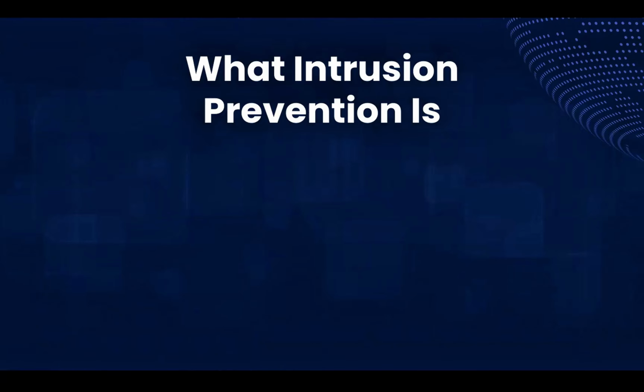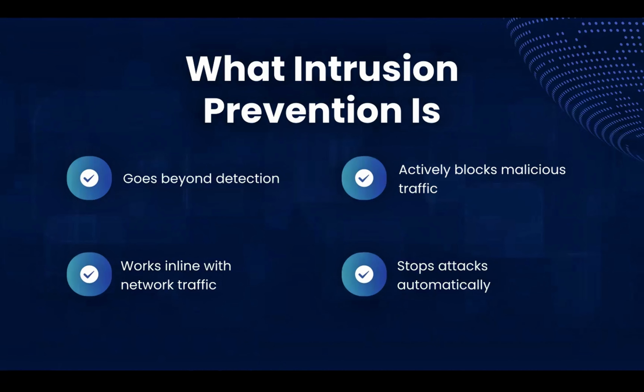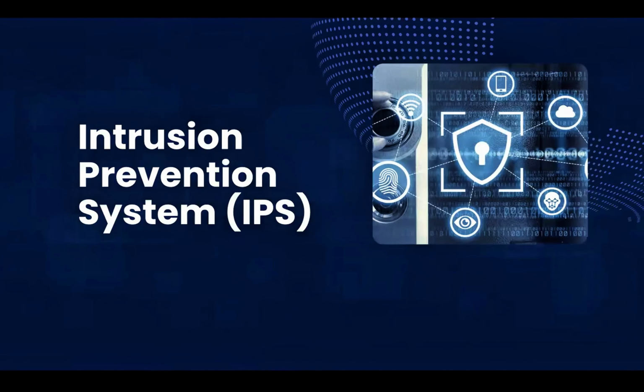Next, we'll consider intrusion prevention. Intrusion prevention actively stops attacks. It goes beyond detection, it blocks malicious traffic, it works in line with network flows, and it stops attacks automatically. Let's now consider the intrusion prevention system. An IPS, or intrusion prevention system, inspects and blocks in real time.